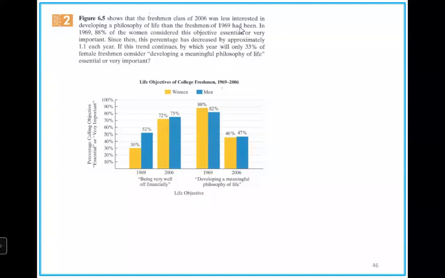In 1969, 88% of women considered this objective essential. Since then, this percentage has decreased by approximately 1.1 each year. If this trend continues, by which year will only 33% of female freshmen consider developing a meaningful philosophy of life important or essential?